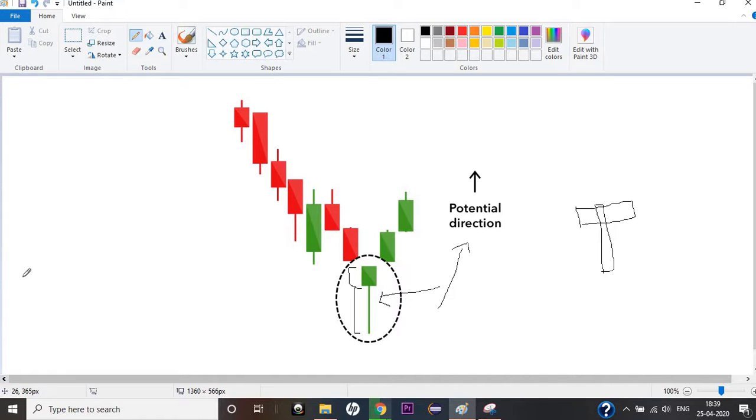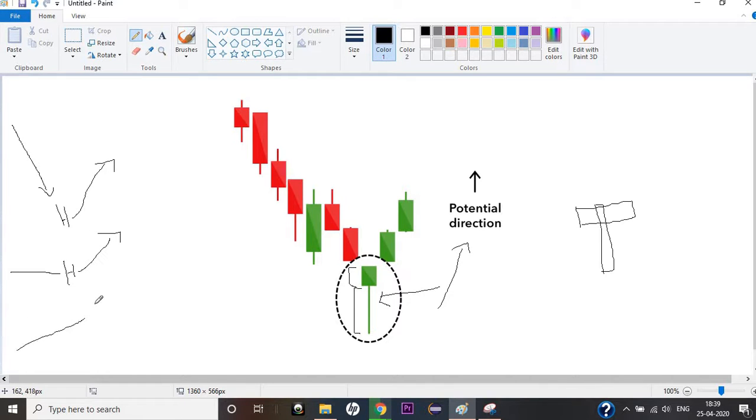So let's understand the two scenarios that we can have, or three scenarios. Let's say the price is coming down. In this case, you can see the price is coming down. You encounter a hammer. What happens is the price will go up, right? If the price is neutral, you encounter a hammer, the price is going to go up.